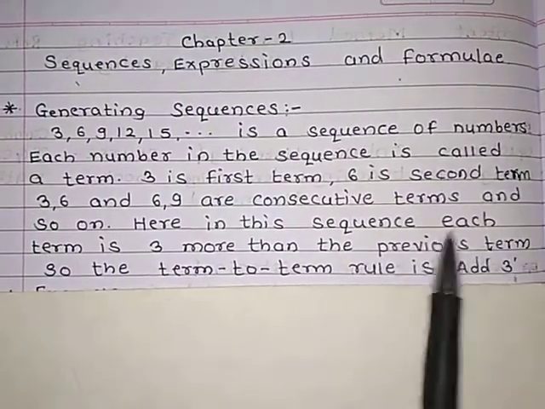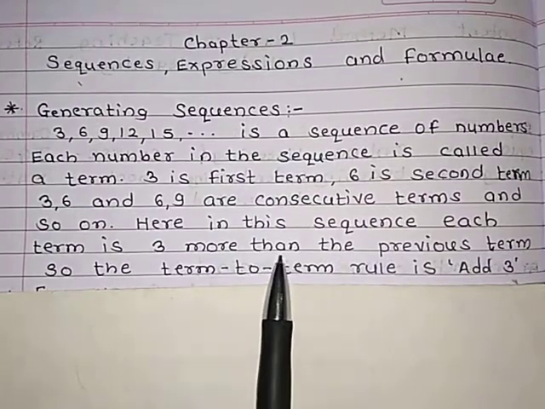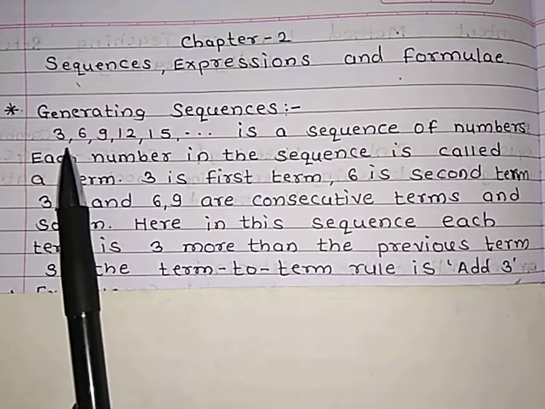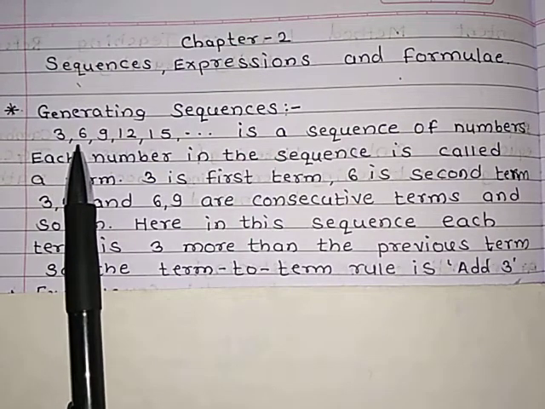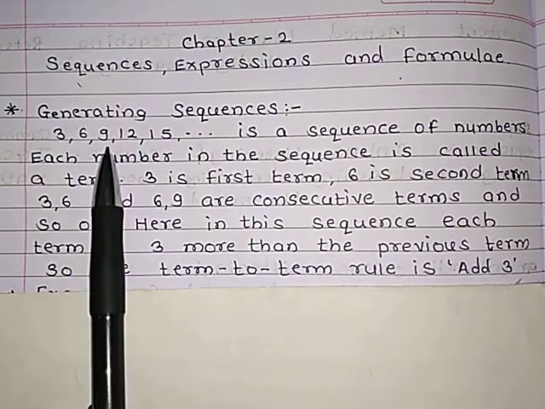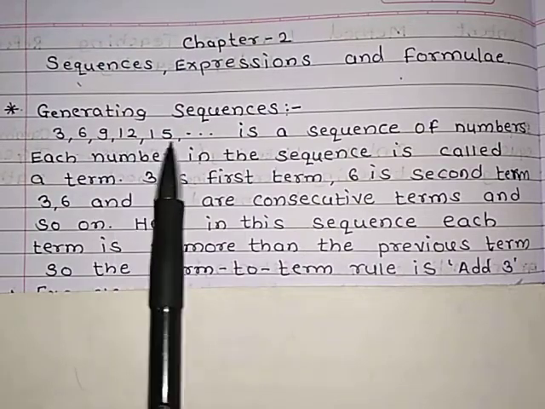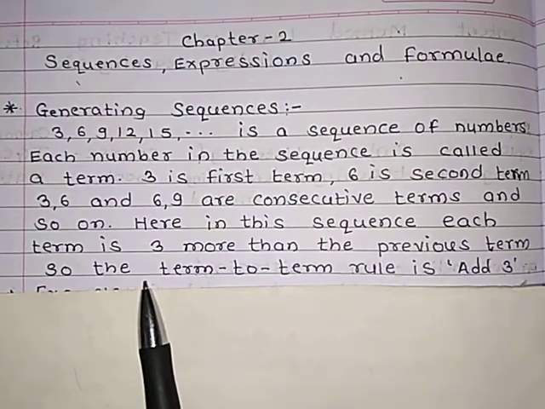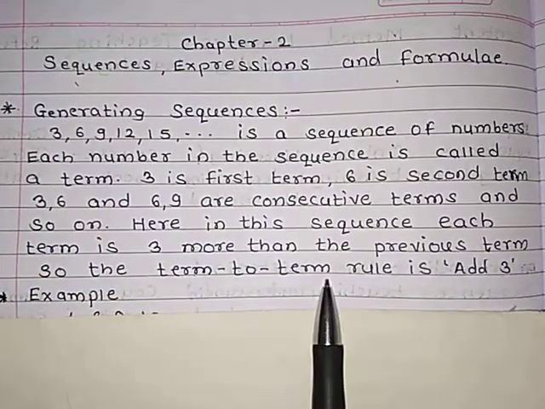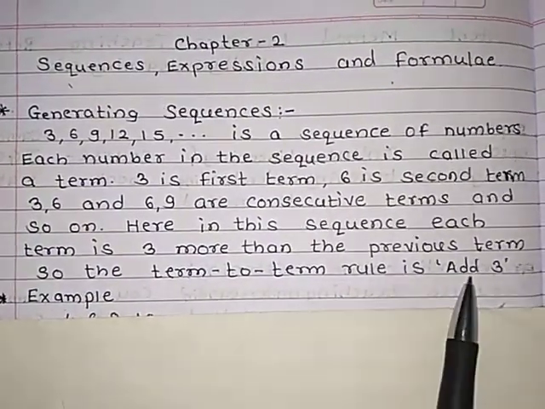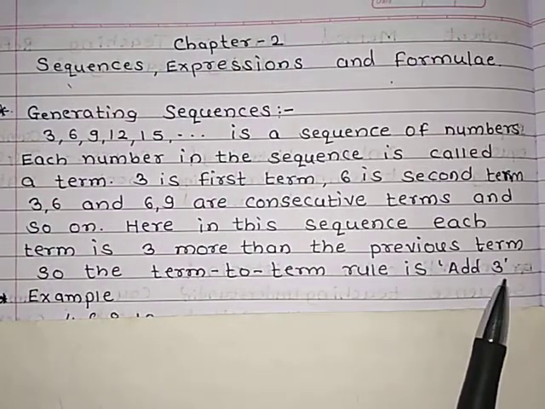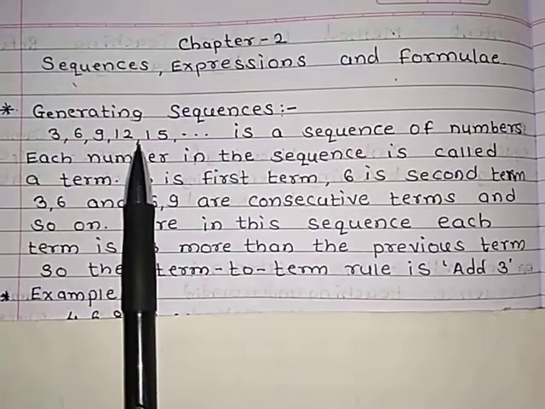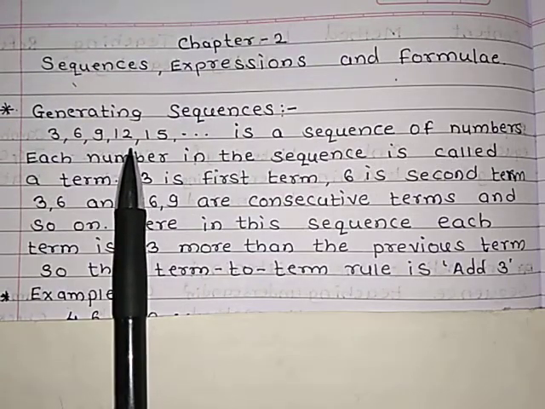Here in this sequence, each term is 3 more than the previous term, meaning there is a difference of 3 between the first two numbers, second and third, third and fourth, fourth and fifth and so on. So the term to term rule is add 3. What is the meaning of term to term rule? It means we have to find the relation between two consecutive terms.